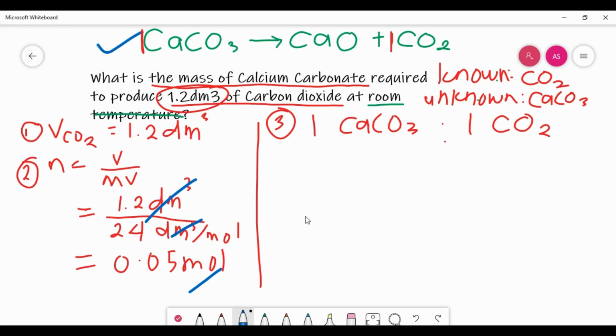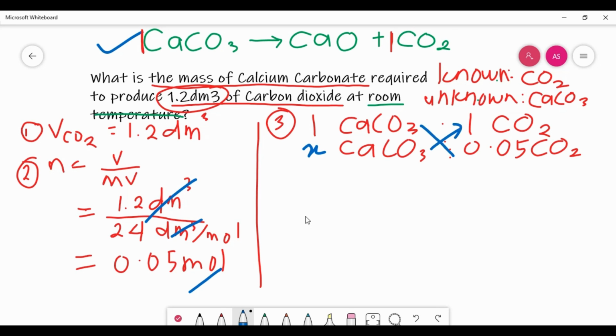Now, CaCO3 adalah benda yang kita nak cari. So, kita letak depan ni X CaCO3. Okay. And the new number of mole for CO2 adalah 0.05 mole of CO2.